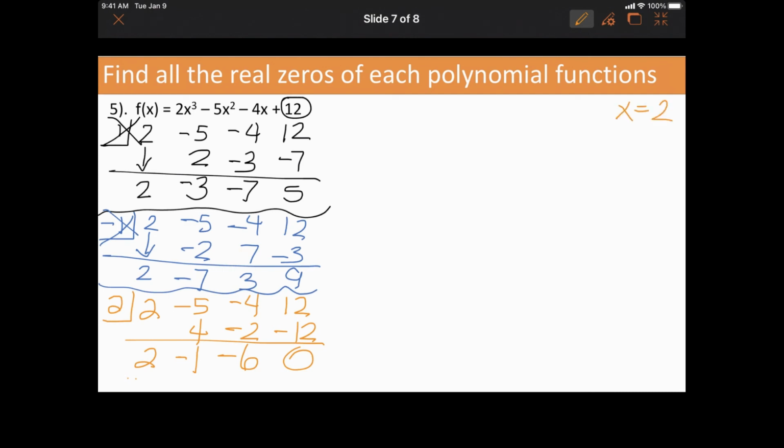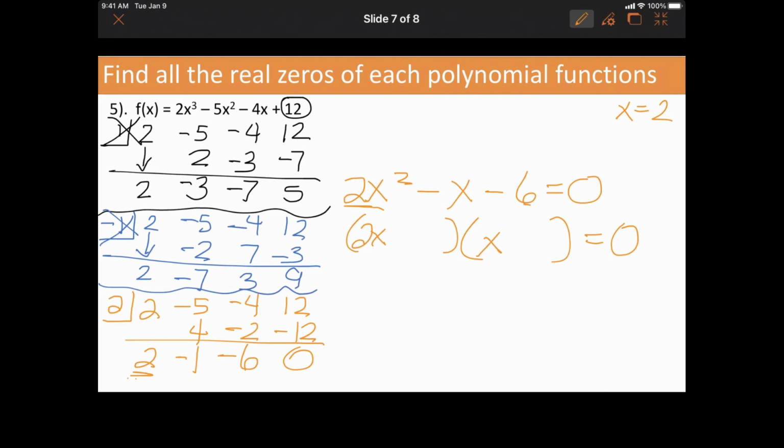So now I'm going to write it over here. We have 2x squared, its coefficient, minus x minus 6 equals 0. Okay, so now we got to take a moment to do this. Factors of 2, 2x and x. All right. So I don't think it's going to be 6 and 1.